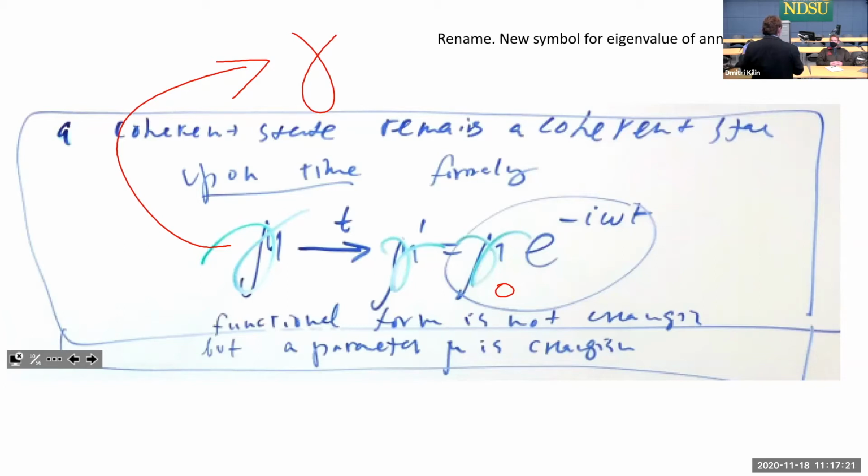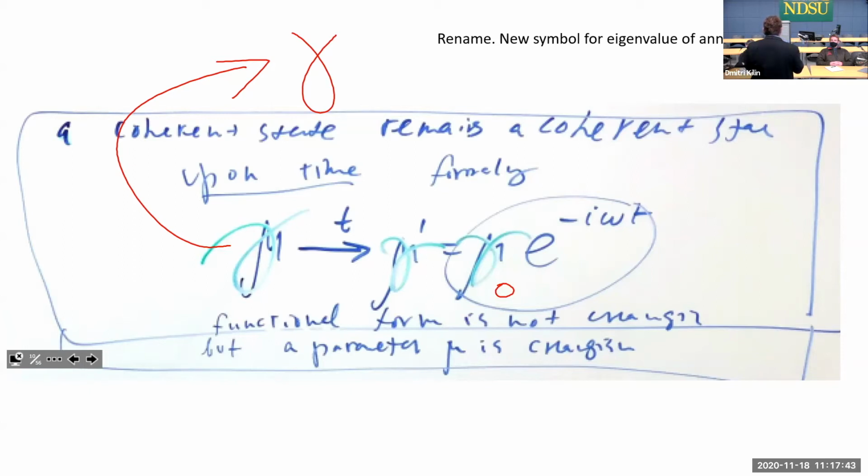So it was an exponential that accumulates phase with a rate equal to the frequency of the oscillator omega times n, or e to the power minus i omega t, in brackets, to the power n. So we combined the eigenvalue of the annihilation operator and the accumulation of phase into one thing.